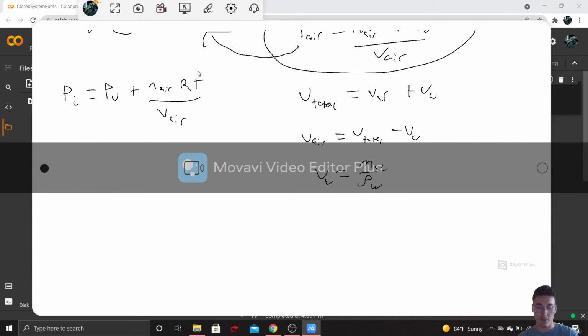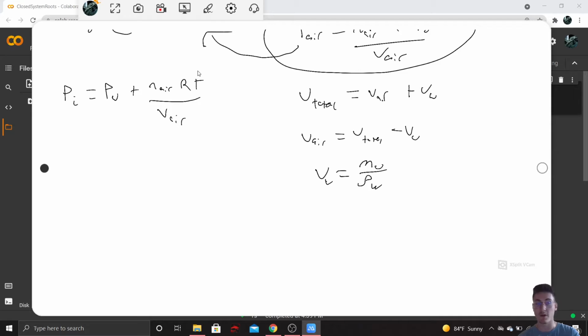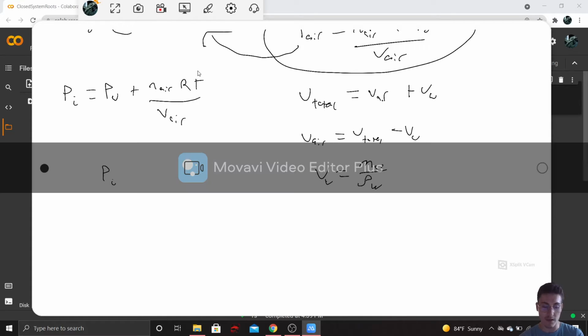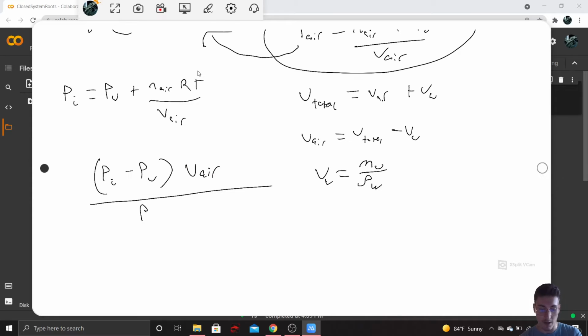Now we want to figure out how many moles of just the air that we have. So if we take the partial pressure of water and put it over to the other side, we can say that the initial pressure minus the partial pressure of water, times the volume of the air, and then divided by RT, equals the number of moles that we're going to have.